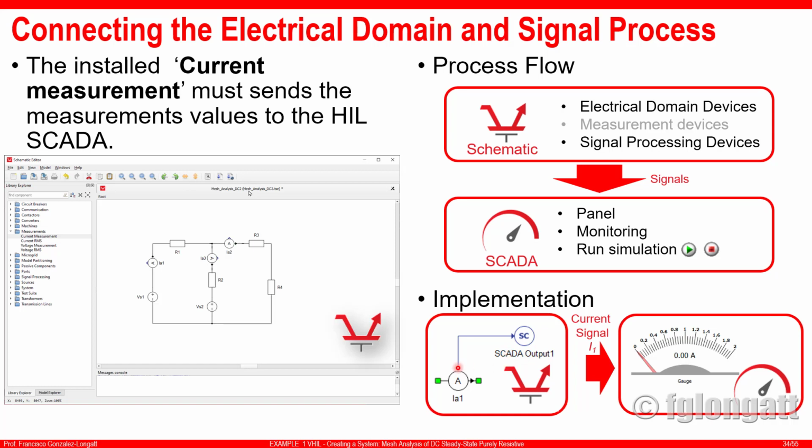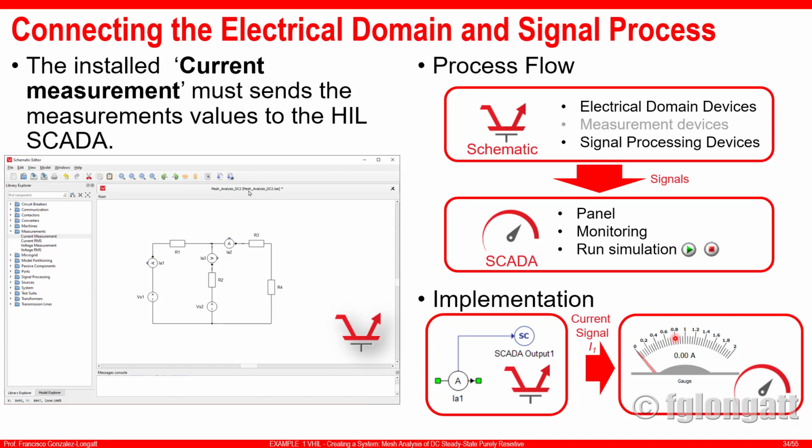And then when that current signal arrives to the HIL SCADA, we have the possibility of using it for several purposes. One of them, in this very basic example, is presenting to you the numerical value of that current. And that is what we will do now.